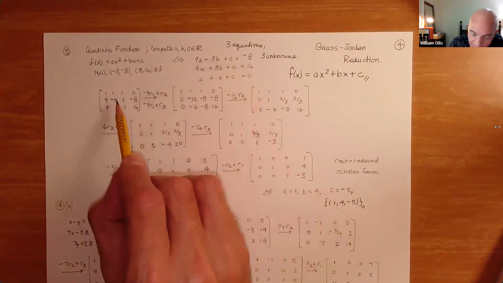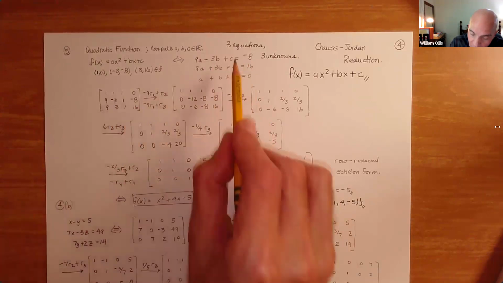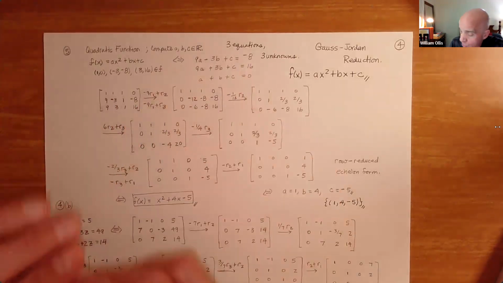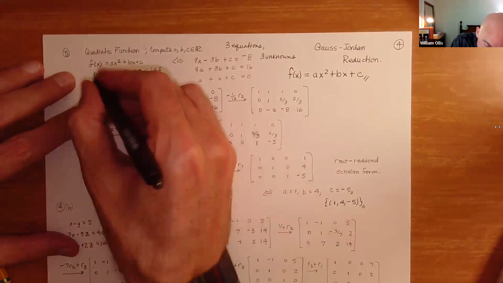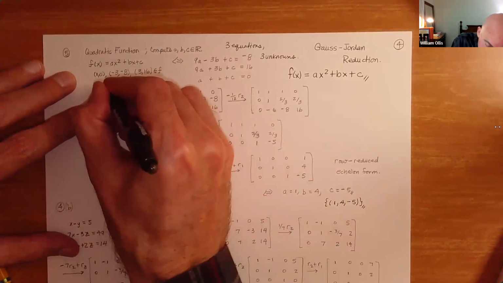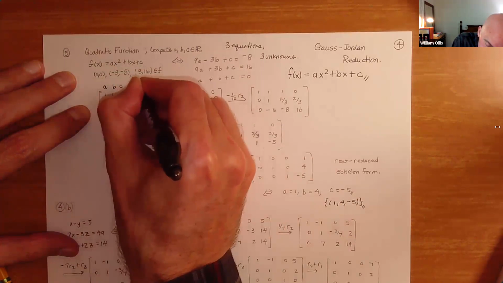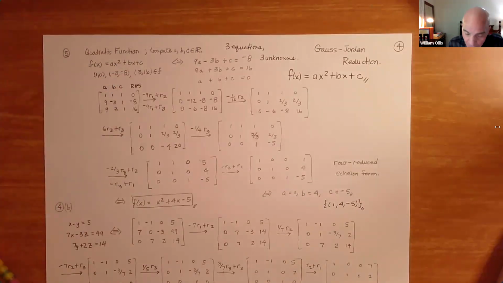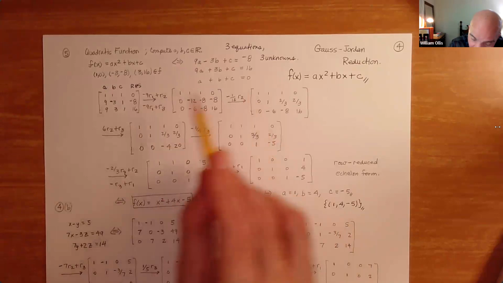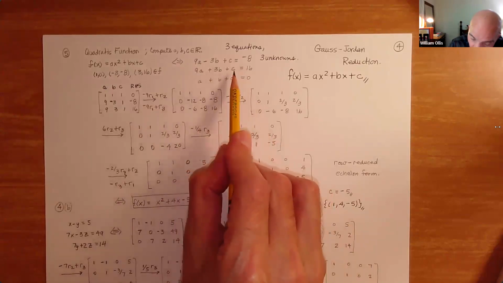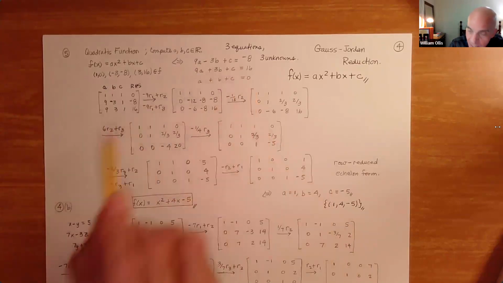We get 9, -3, 1, -8, just looking at the coefficients. So now you can think of A, B, C, right-hand side. And then, of course, for the last equation, we have 9, 3, 1, 16.